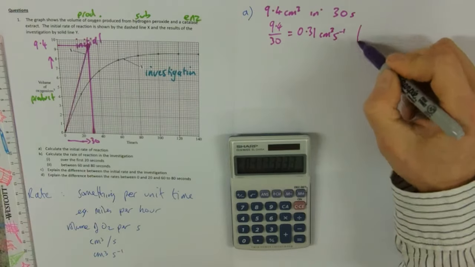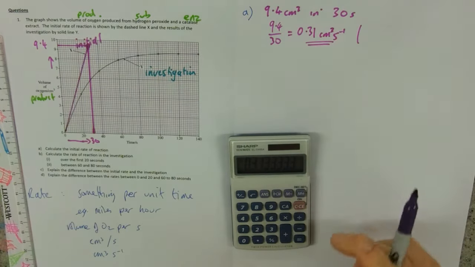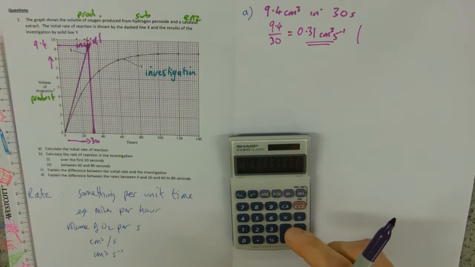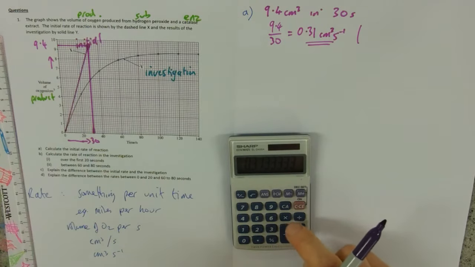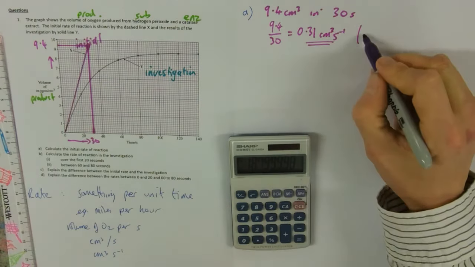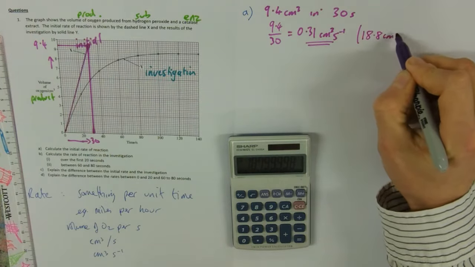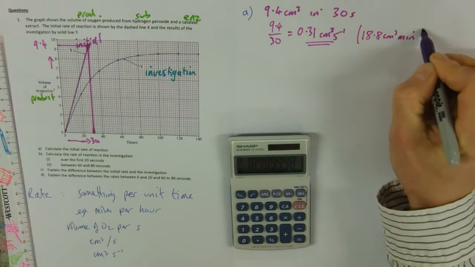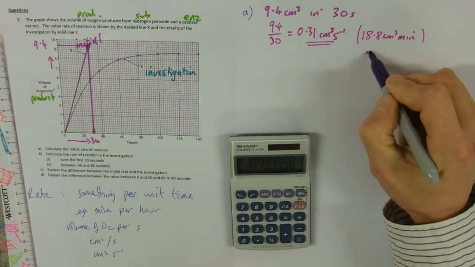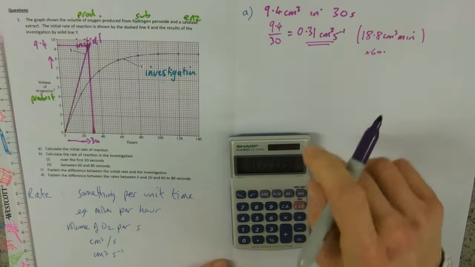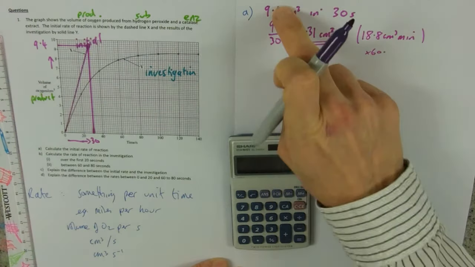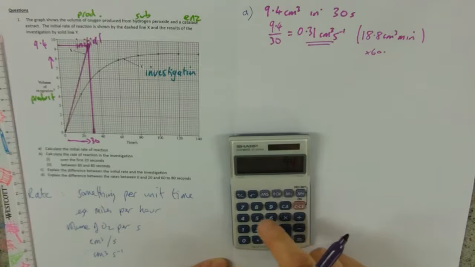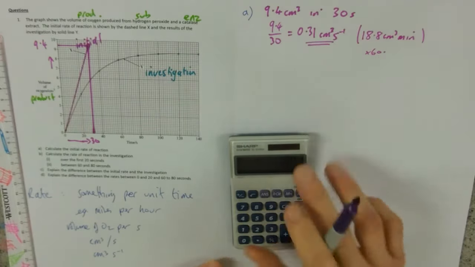We could times that by 60 to get it into minutes, possibly. So if you've done it in minutes, times it by 60 is 18.8. Or you might have just gone, well, if that much is in 30 seconds, I know how much is in a minute: times it by 2. 9.4 times 2 is 18.8. Okay.